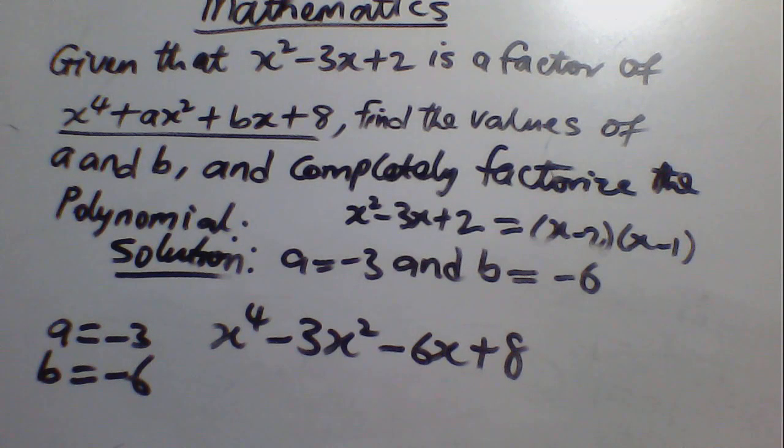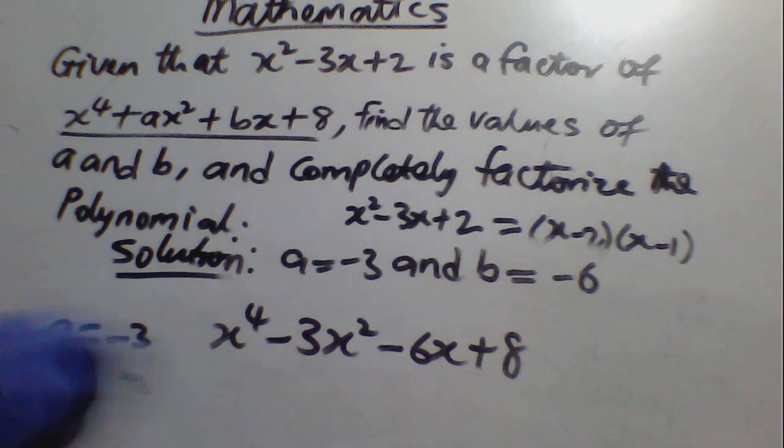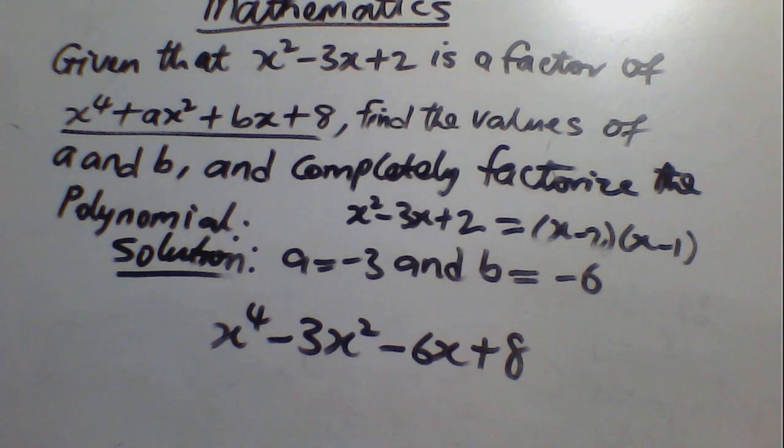So once we have gotten the expression, the next thing is to completely factorize it. To be what? Completely factorize it. So we have got a and b. So let's factorize it using what?